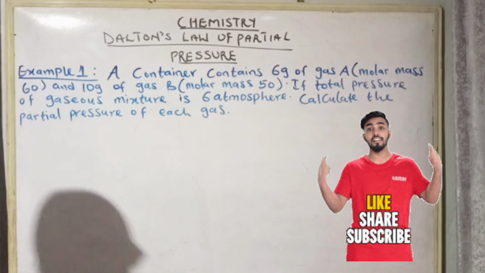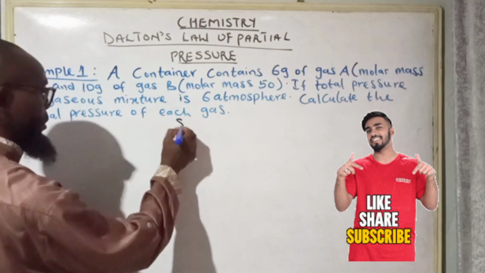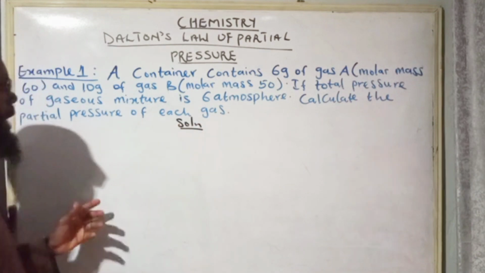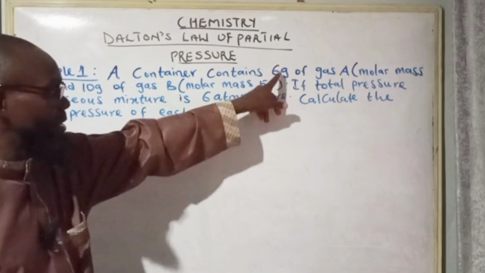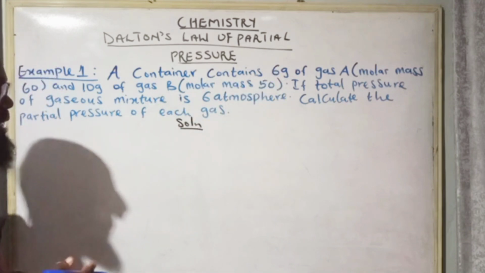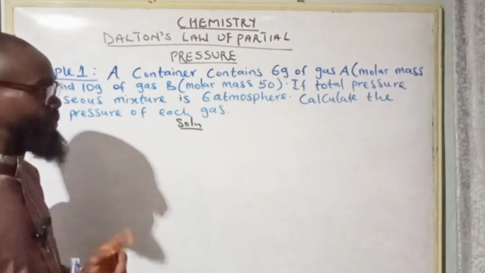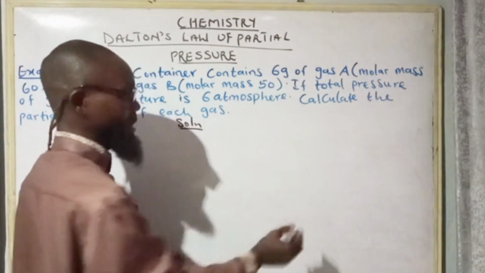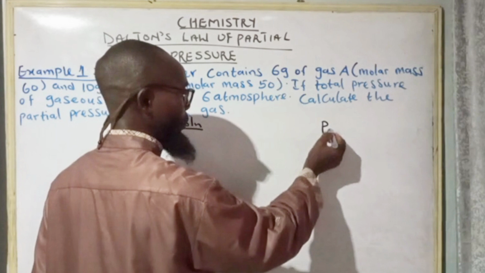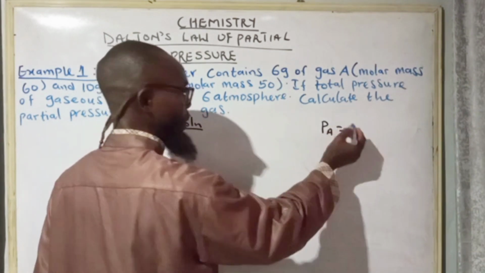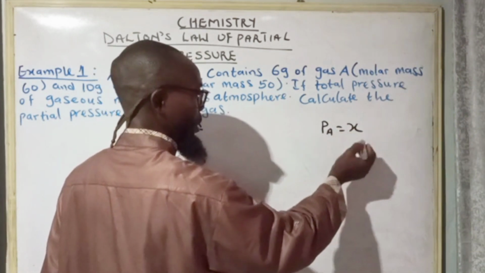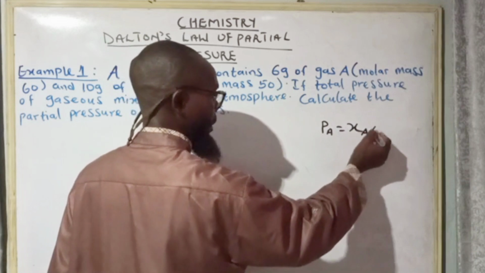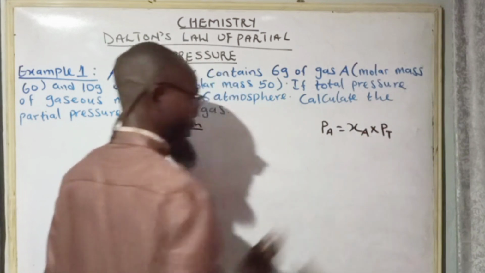Now from here, don't forget that we have our mass of gas A and the molar mass. To calculate each partial pressure, you should recall from our previous derivation that the partial pressure of A will equal the mole fraction of A multiplied by the total pressure.